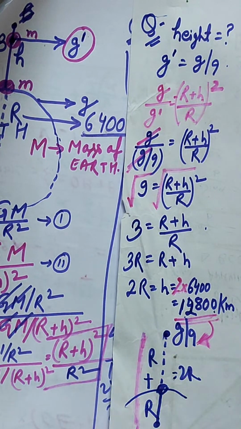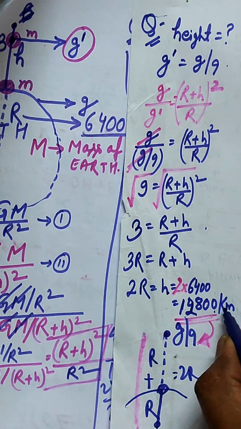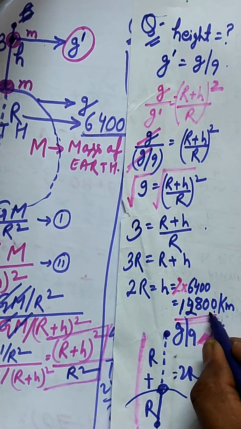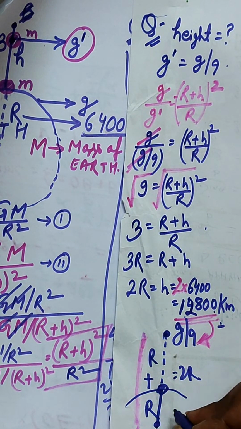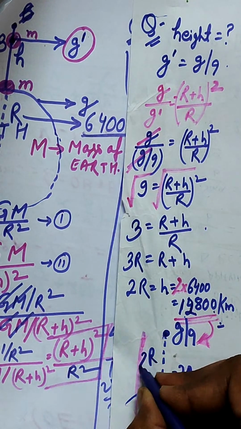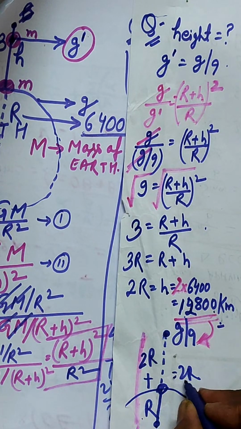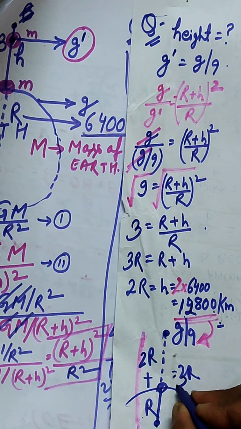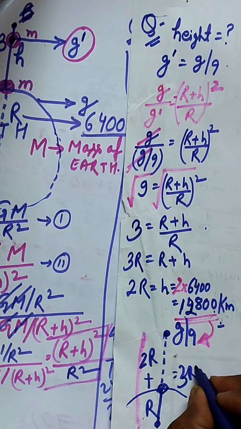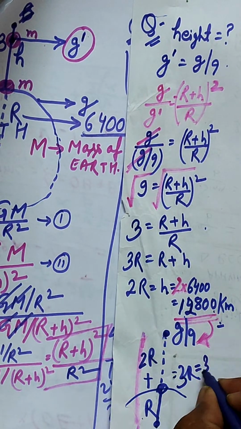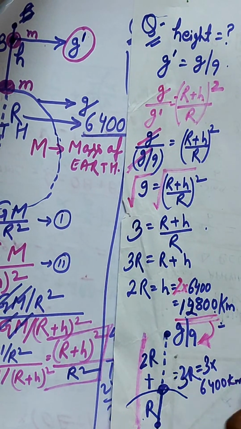So from the center of earth, it is 12,800 plus 6,400. That means this is 2R above the surface of earth, and this is R. So from the center of earth, it will be 3R, that is 3 into 6,400 kilometer from the center of earth.